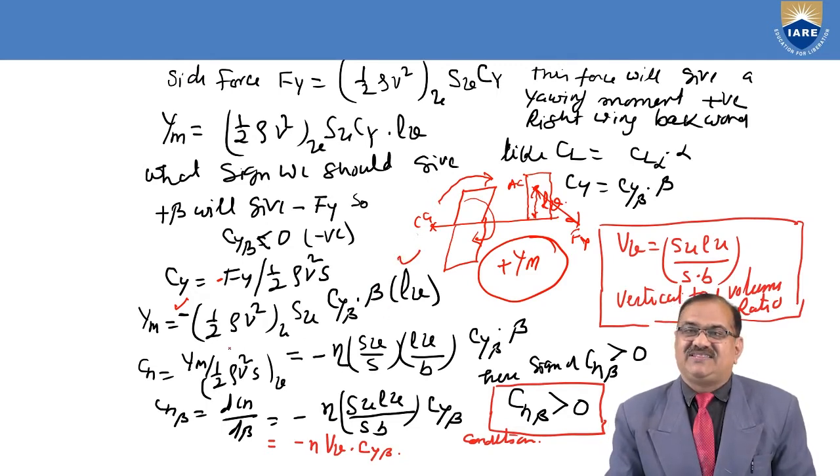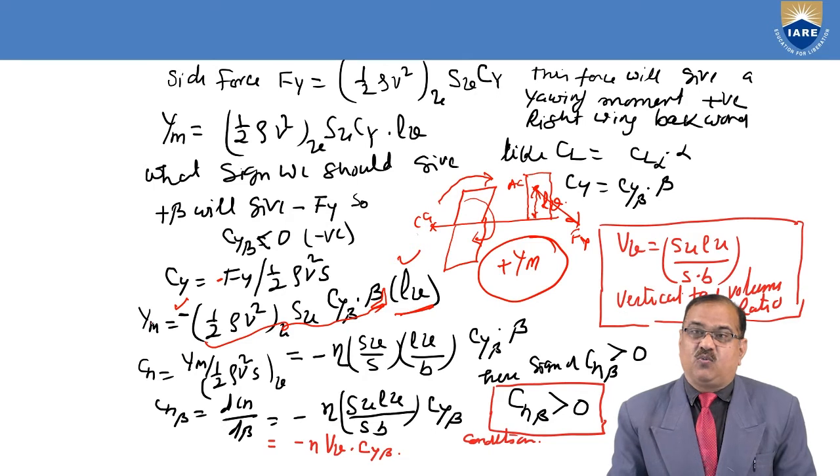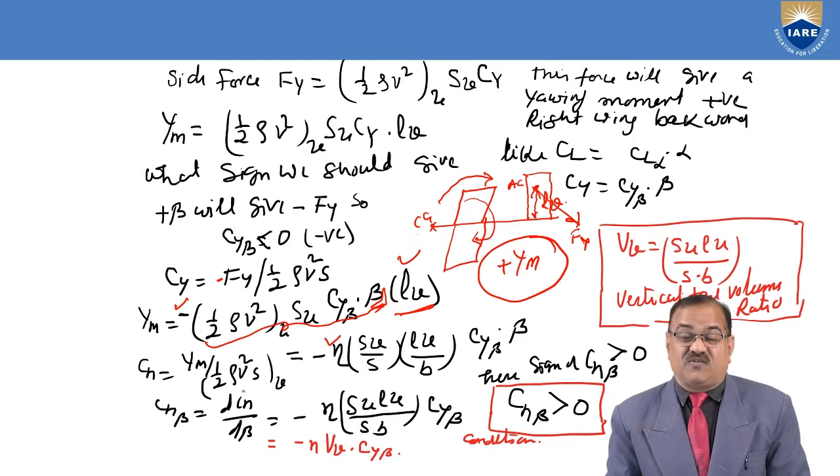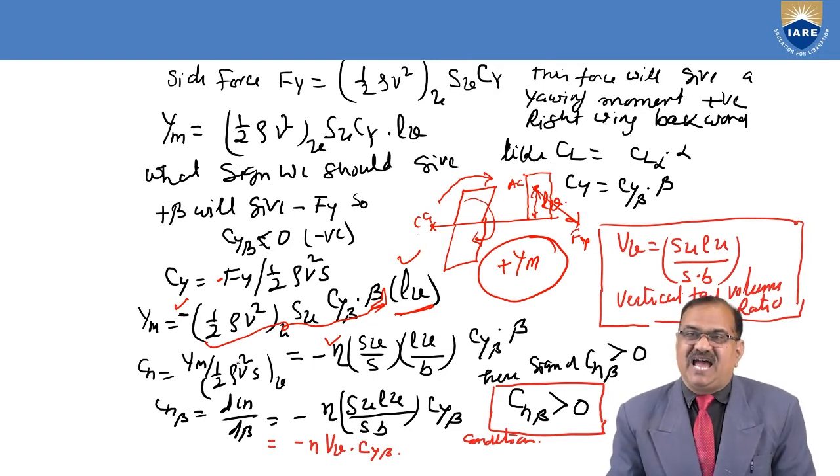Lv is a distance and this is the force; if we multiply by Lv, it becomes the moment. Here Cn is equal to Ym divided by half rho V squared S. V means vertical tail; all the parameters here are of the vertical tail. Here, the half rho V squared of the vertical tail over half rho V squared gives eta, and Sv is divided by S of the wing.